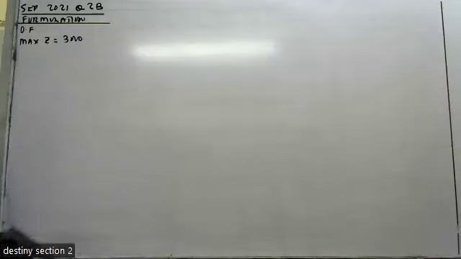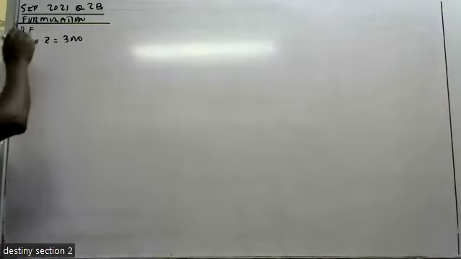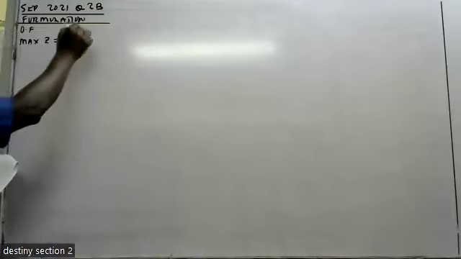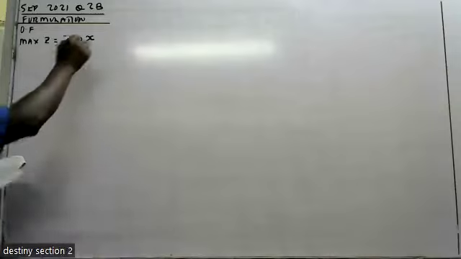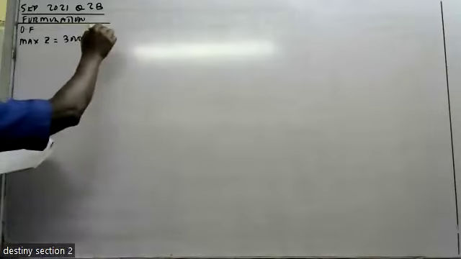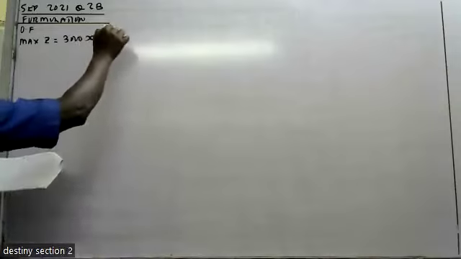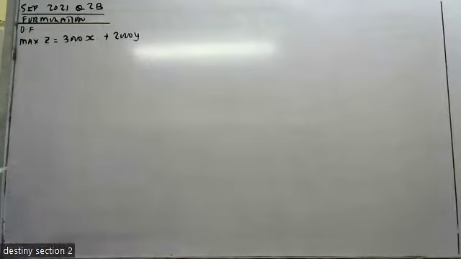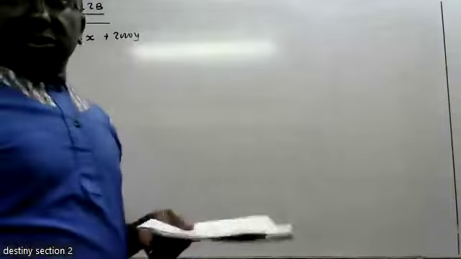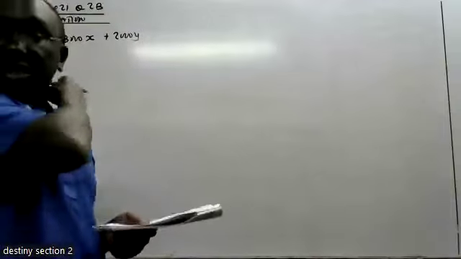Oh, you have done nothing. So you can use X for the first product plus 2000 for the second product. But you could use any other letters. So if you have used others, don't change.